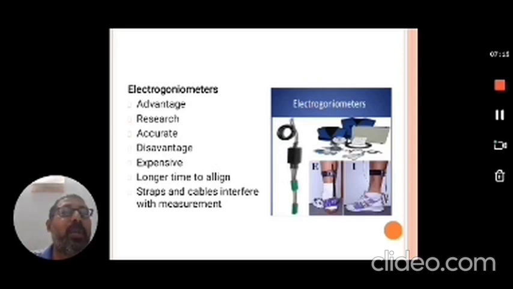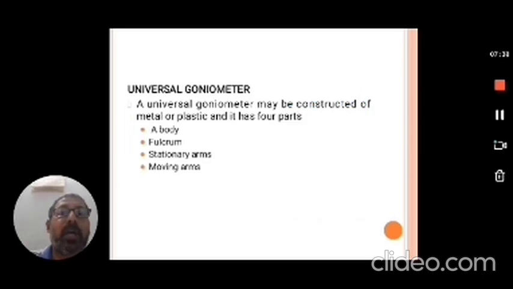And these are the electrogoniometers which have recently been used in various places. These have sensors attached mainly to the measuring areas, connected to applications where each and every single movement is accurately established, and can be used mostly for educational purposes, also for research and other activities.